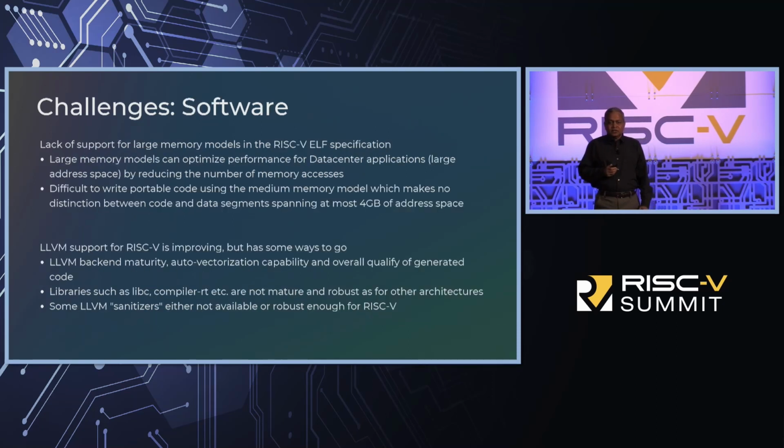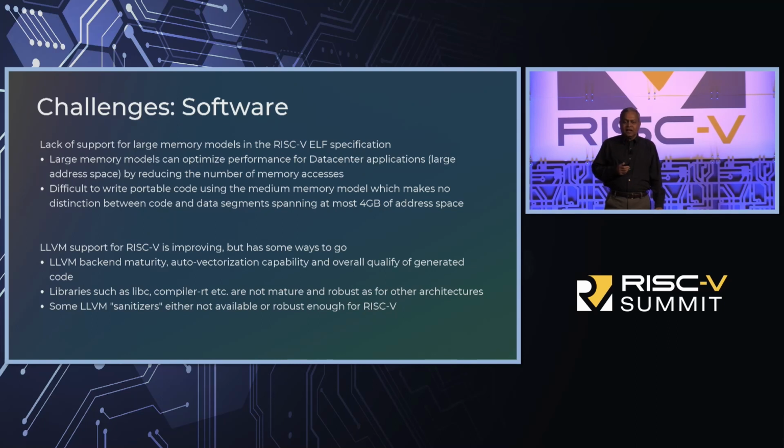And from the software perspective, as you all know, RISC-V did start off its development mainly for embedded applications, right? And then over the years, in the last 3-4 years, it has evolved, and now slowly it has started supporting server-class applications. And once we say server-class applications, we need solid support for large memory models in the RISC-V specifications.